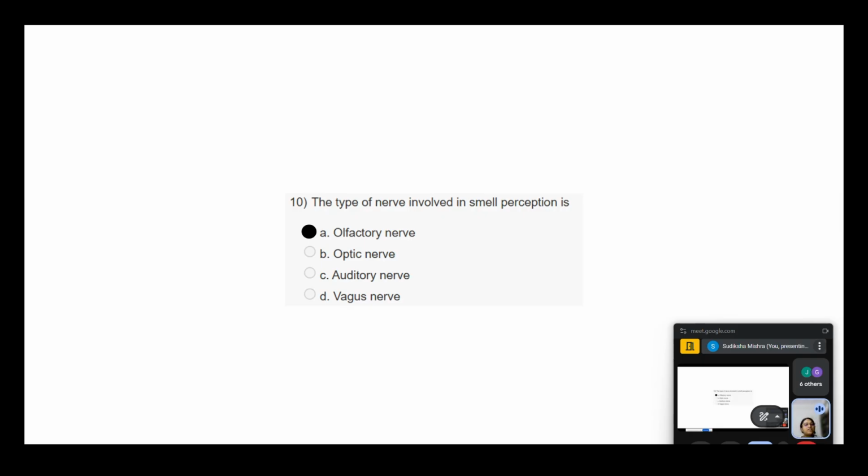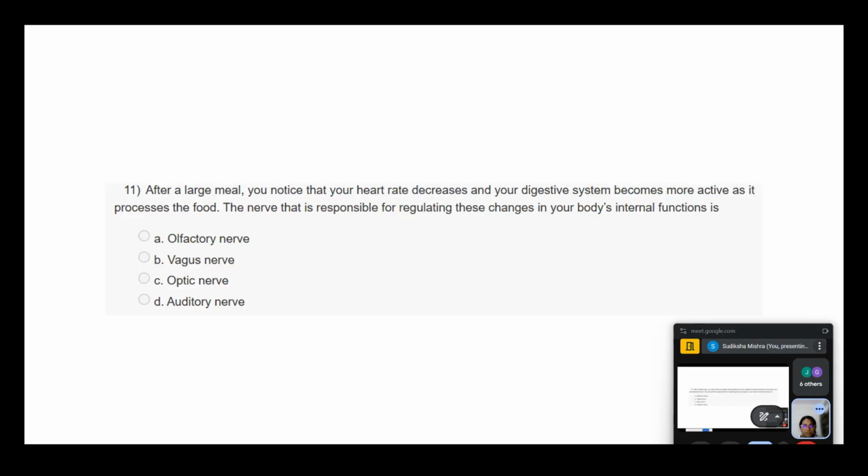So olfactory nerve is responsible for smell perception, optic nerve is for vision, auditory nerve is for hearing, and gustatory is responsible for taste. So the name would in some cases suggest what function the nerve is responsible for.